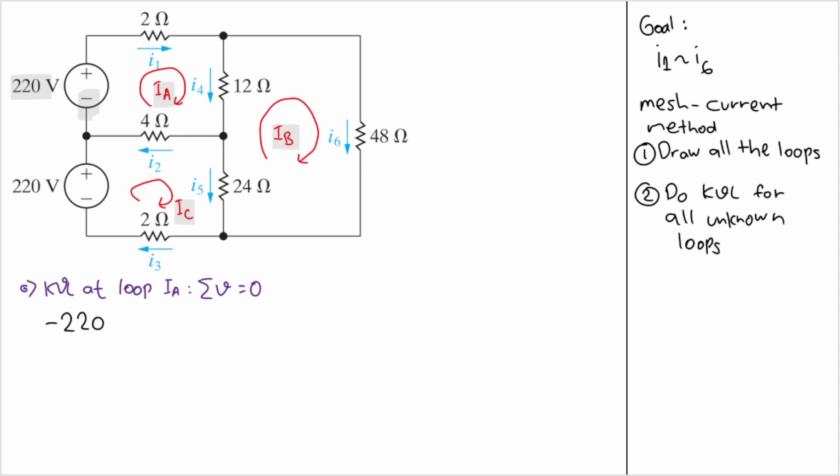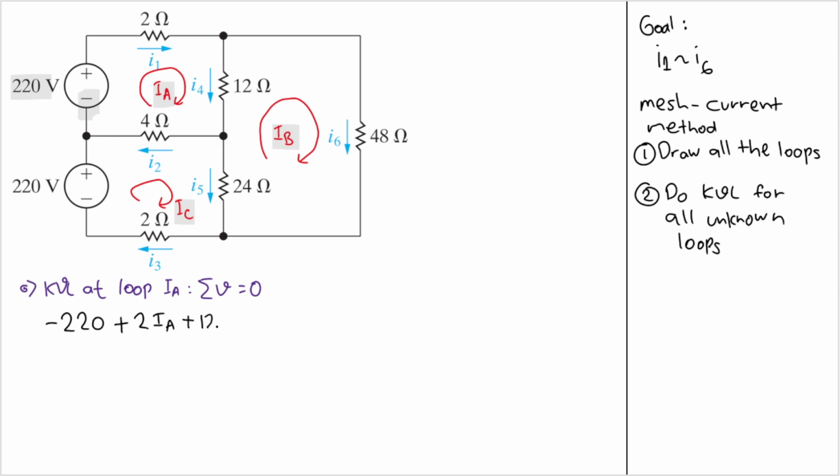Good. Now let's move on to this 2 ohm resistor. So I'll have plus 2, and the only loop current that passes through the 2 ohm resistor is IA, right? So here I will multiply it by IA. Good. Now let's move on to this 12 ohm resistor.